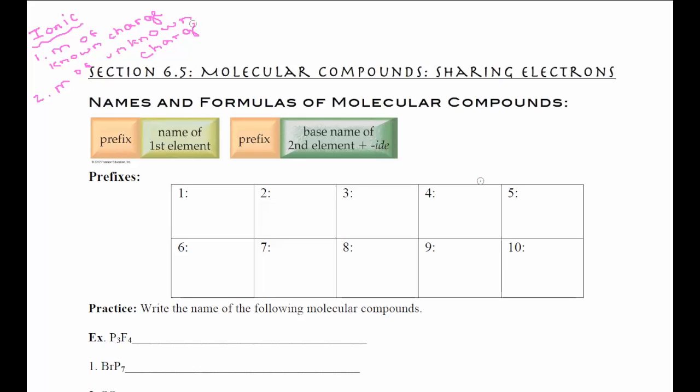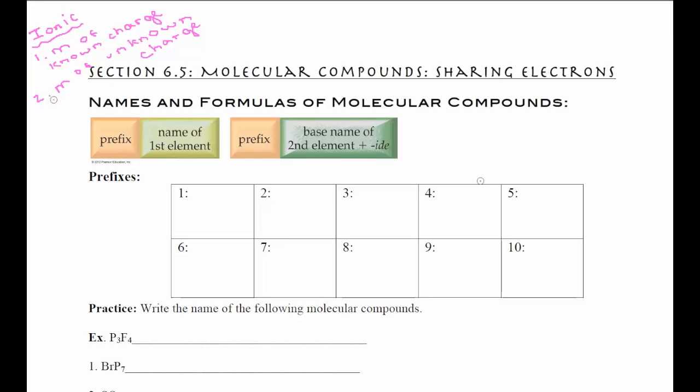For metals of known charge, which include group 1, group 2, group 3, zinc, and silver, we do not need to include the charge of the metal in the name.